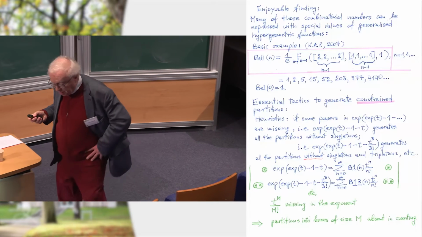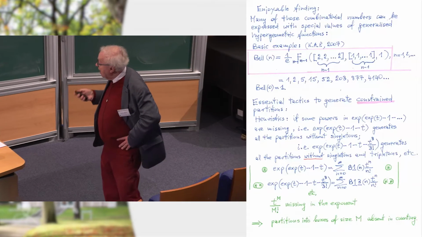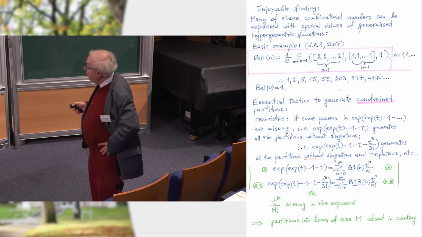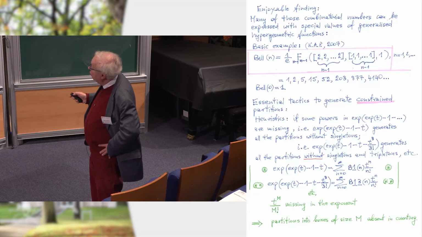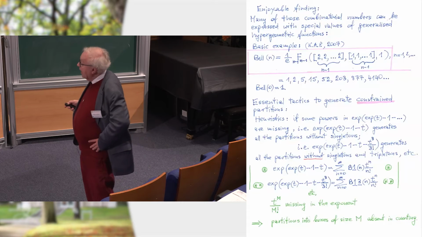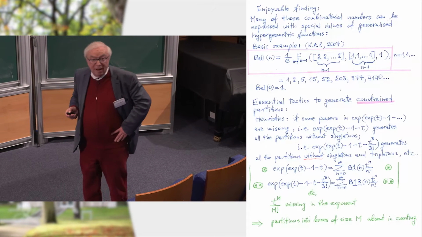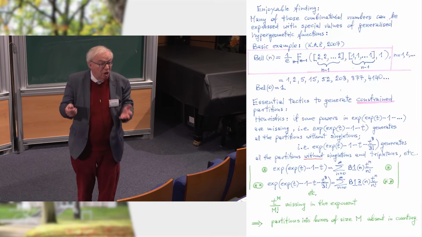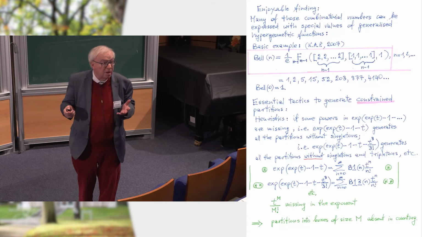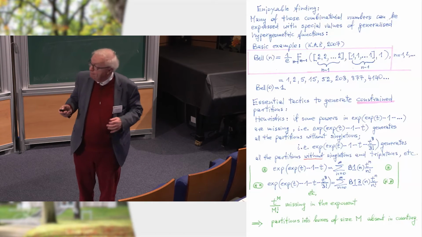So the whole principle of that is that every monomial in the expansion of the exponential represents partitions. And if you remove this monomial, then you will not have partitions of this type. Okay?